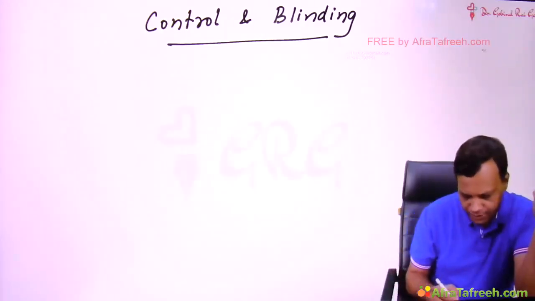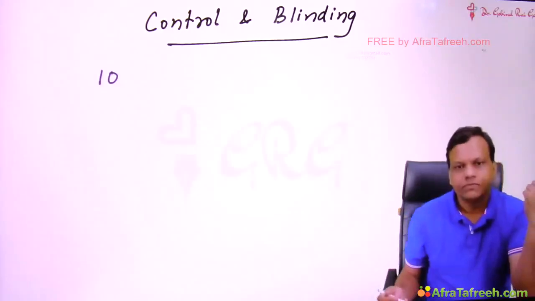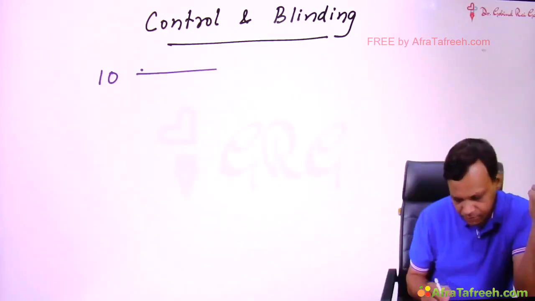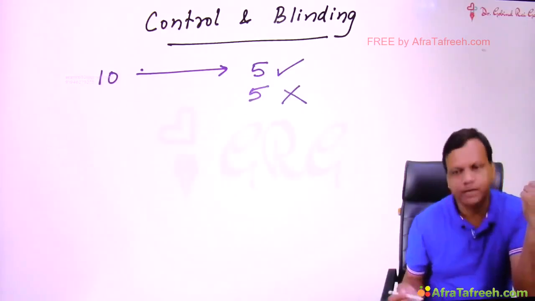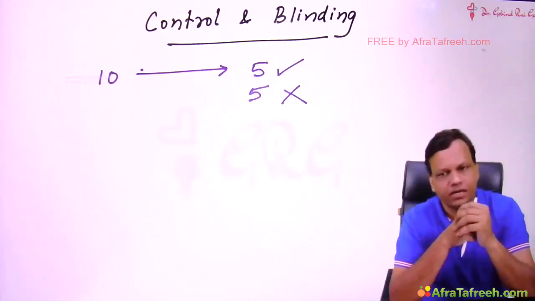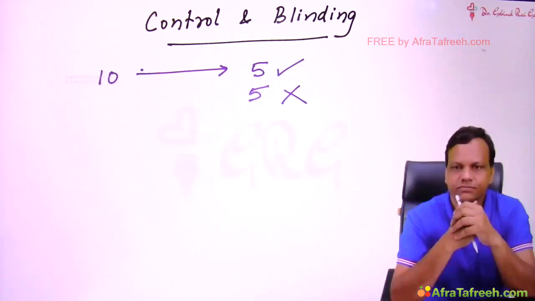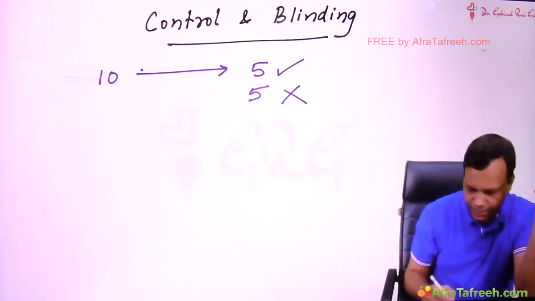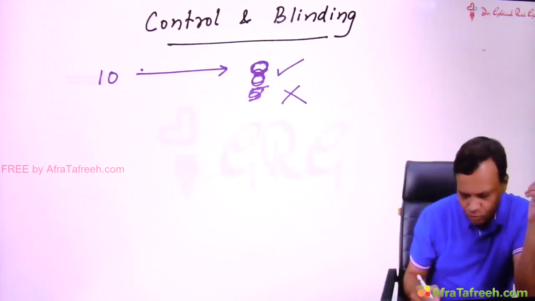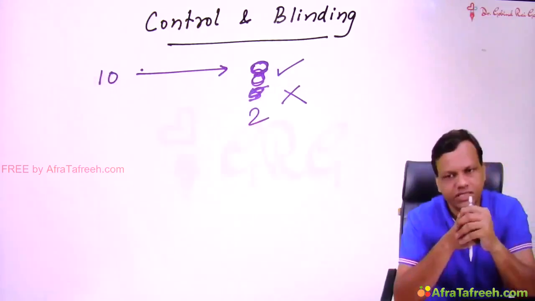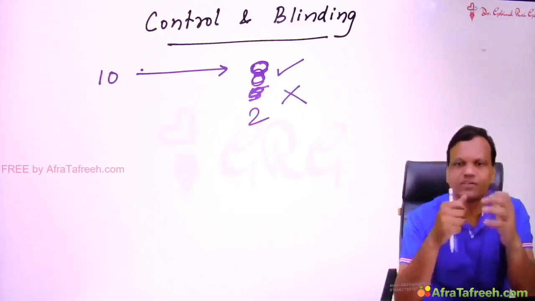We give it to 10 people, and out of the 10 people, 5 people say that the pain is less, and 5 people say that pain is not affected much. Is the drug efficacious? We cannot say. Suppose out of 10 people, 8 people say that the pain is no more present, and 2 people say that still pain is there. Is the drug efficacious? Yes? No. Still we cannot say.